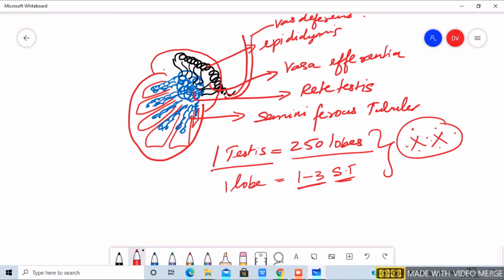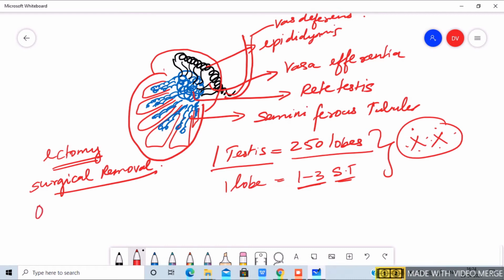Now I am going to tell you some terminology. The word ectomy means surgical removal. I already told you about cryptorchidism, which is when the testis doesn't descend properly into the scrotum because of deficiency in testosterone, where orchido means the testis.